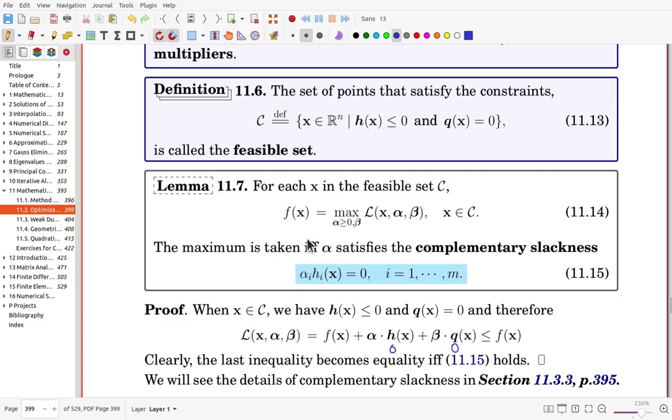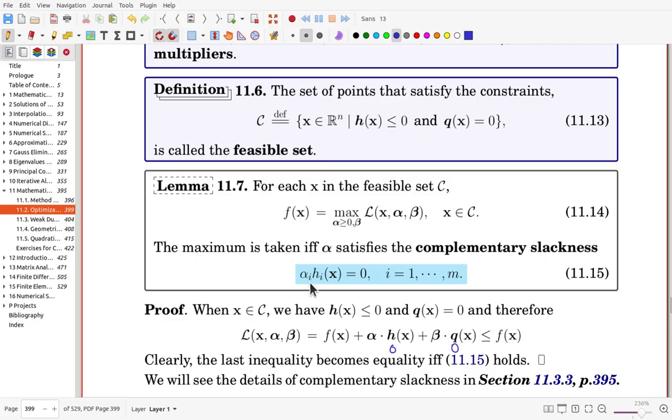So we know that. Now, clearly, equality happens when these terms are completely zero, which means that alpha i times h i is zero. A product being zero means that one can be non-zero, and then the other one must be zero. If alpha i is zero, then h i may not be zero.